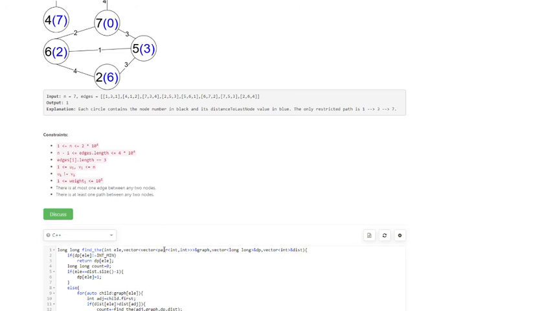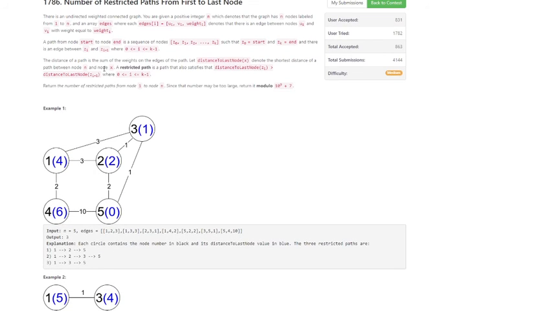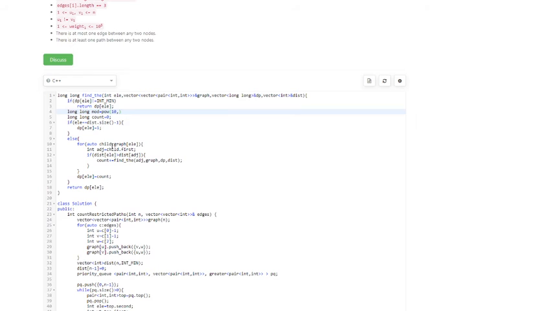That's all. That's it. Just one last thing I need to pass. I need to return the modulo. So 10 power 9 plus 7, I think. Yes.